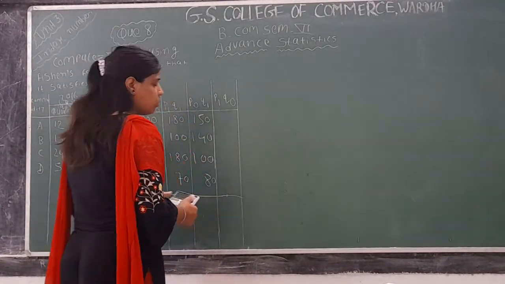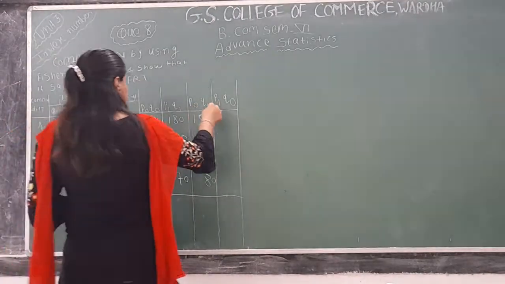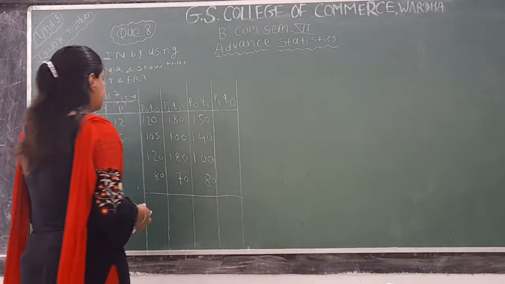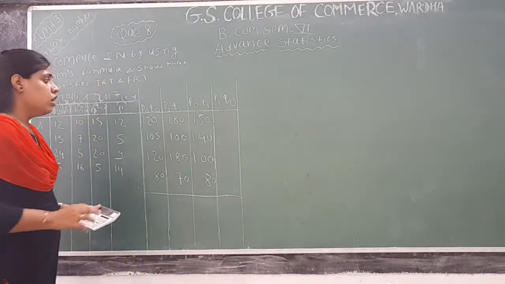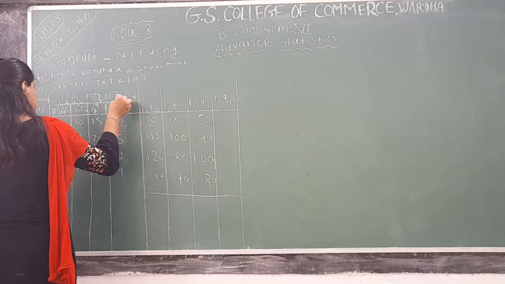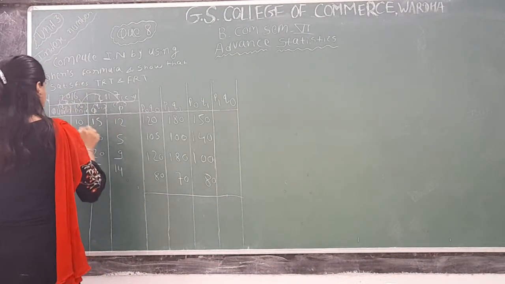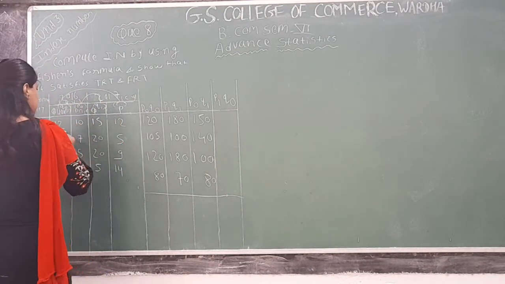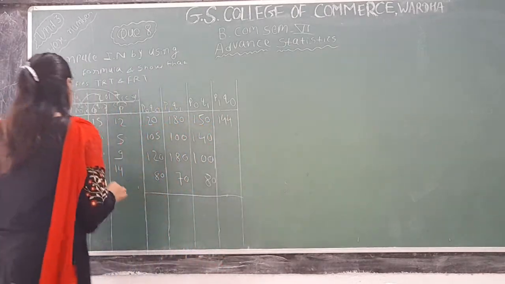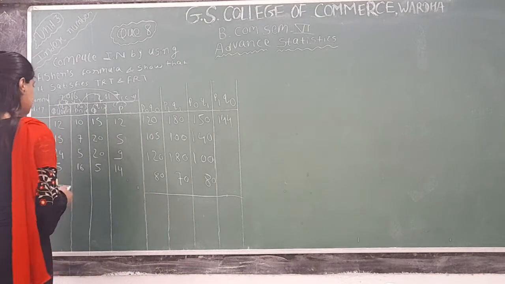Now we have to compute it by using P1 and Q0. P1 refers to the prices of current year and Q0 refers to the quantity of the base year. So it's going to be P1 into Q0. For commodity A, it's 12 into 12, 144. For commodity B, it's 5 into 15.